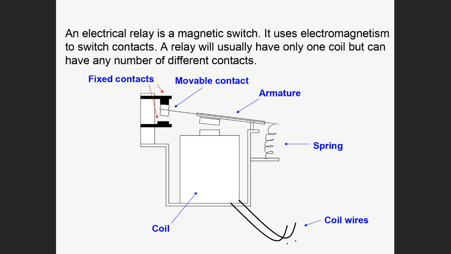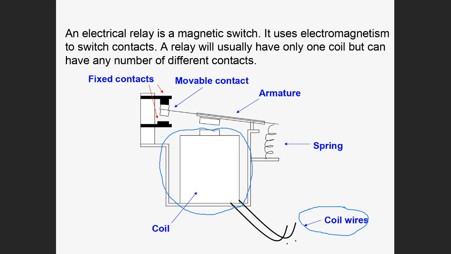It consists of a coil, basically this part, wrapped around a metal core, and the coil and the core together make up an electromagnet. You'll notice these wires at the bottom are pretty thin. These coil wires are thin because they have a high resistance, which means a low current. So the coil circuit is a low current circuit.